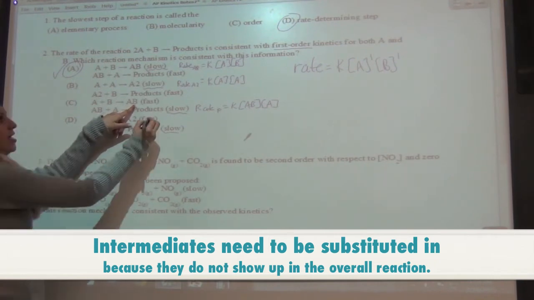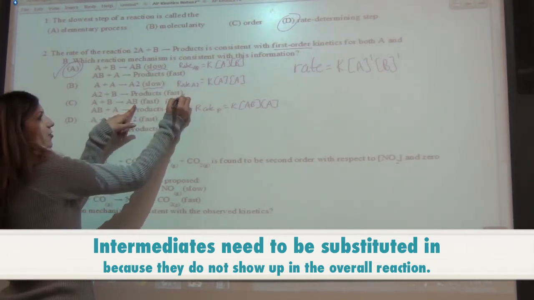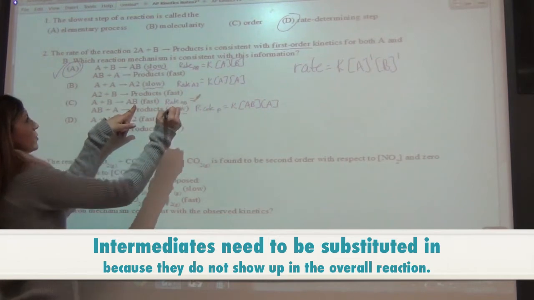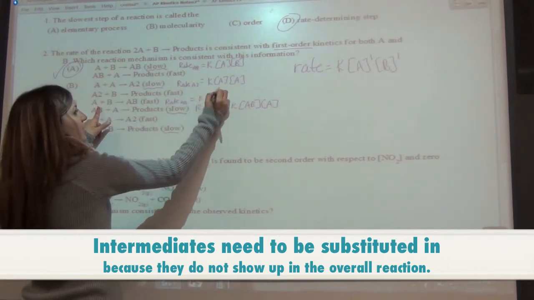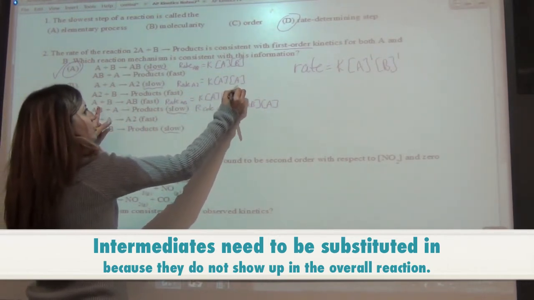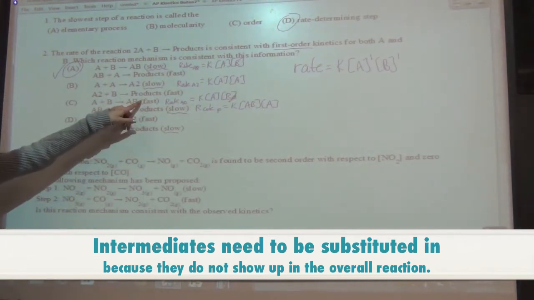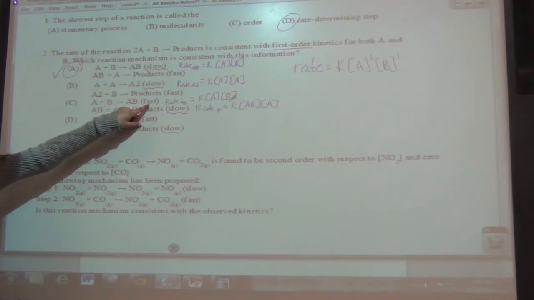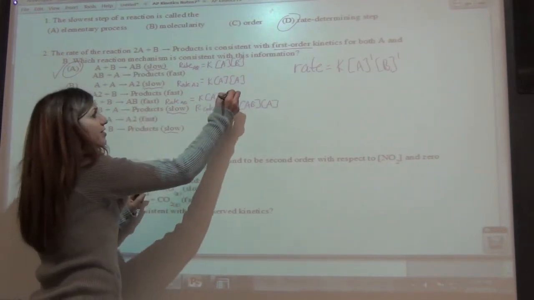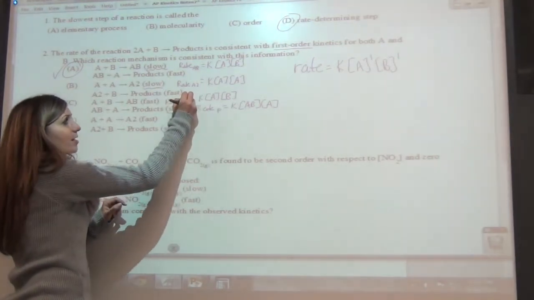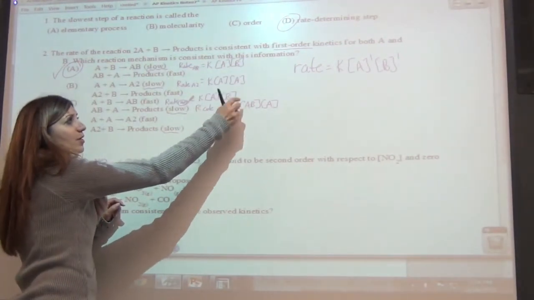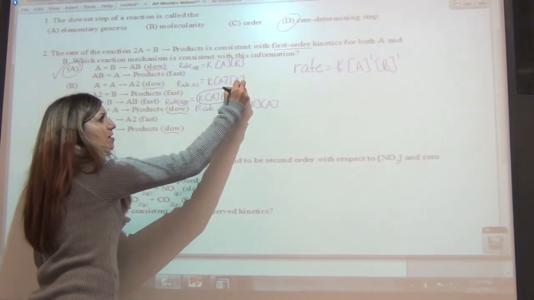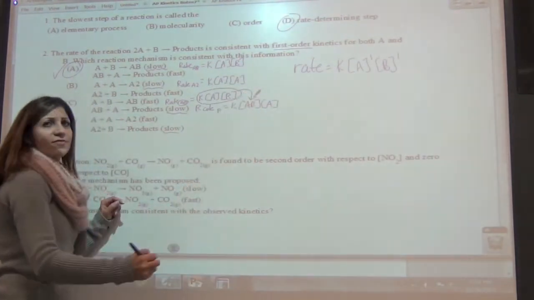Well, right here, it tells us the rate of AB is equal to k times the concentration of A times the concentration of B. But that's not our slow step. If this were our slow step, then we would be okay, but it's not. It's telling us that that's our fast step. So what we need to do is we need to substitute AB in for AB right there. So we're going to take all of this and we're going to put it right inside of there.